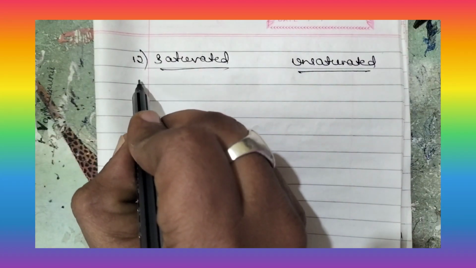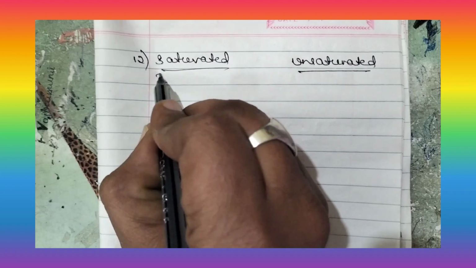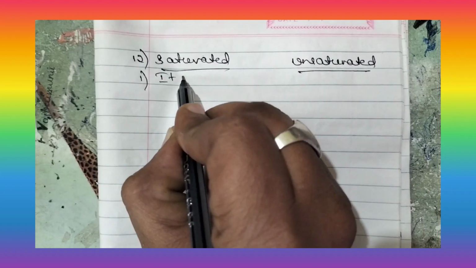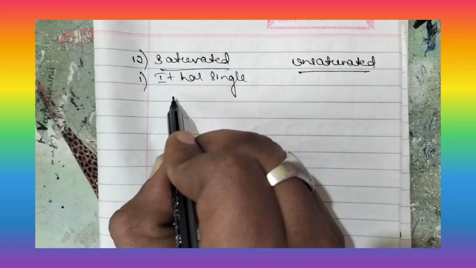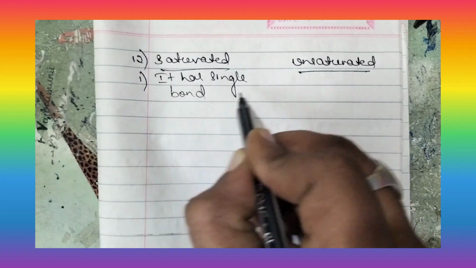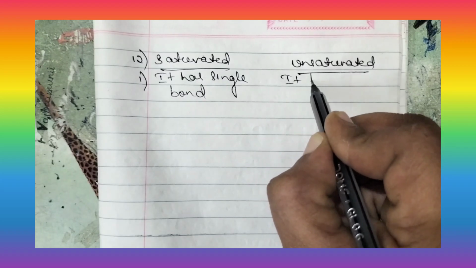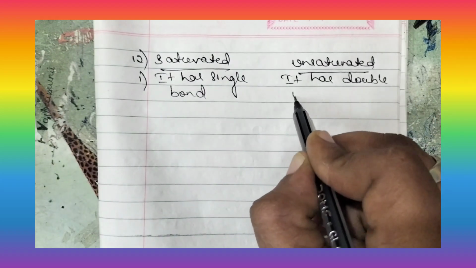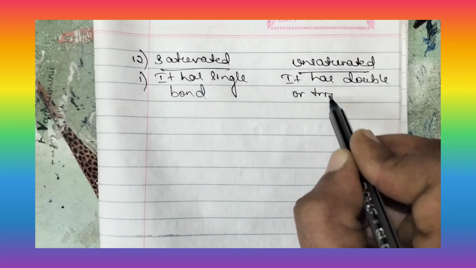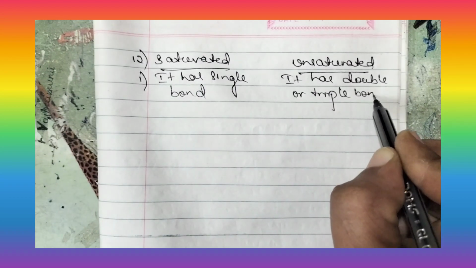The first point: saturated has single bond, unsaturated has double or triple bond.